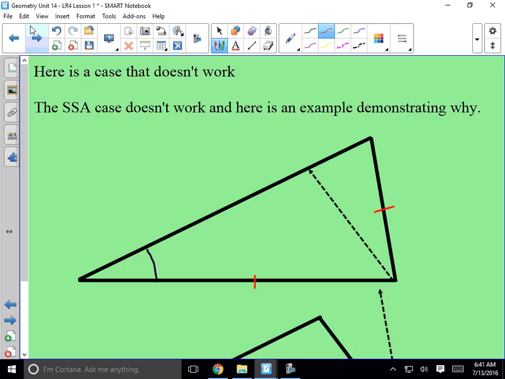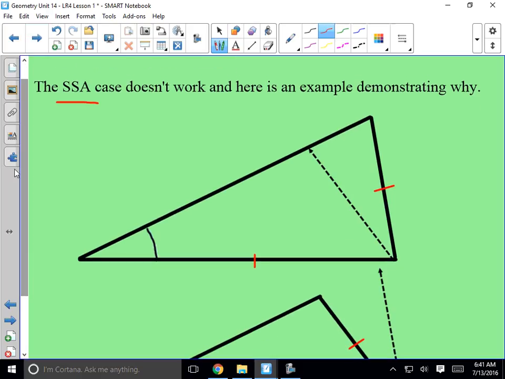Okay, so now, what's one of the congruence ideas, if we're picking three pieces in order, that doesn't work? The one that we have here is the side-side-angle. What we say with this one is you never want to say a bad word when you're doing a congruent statement.